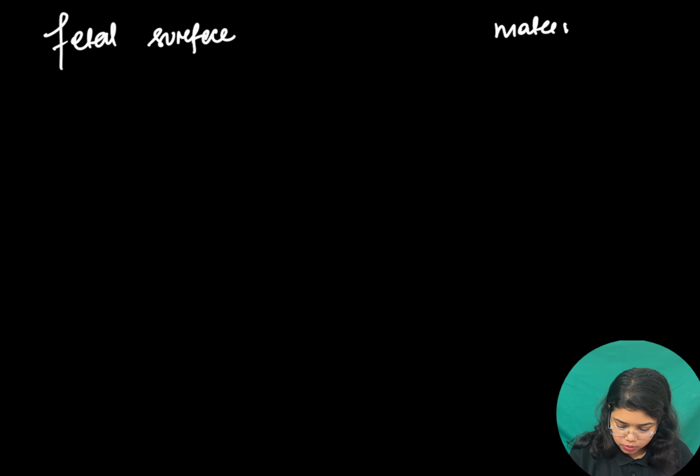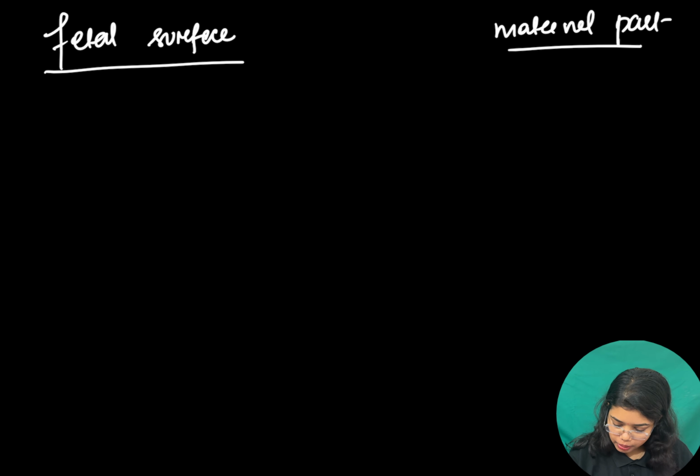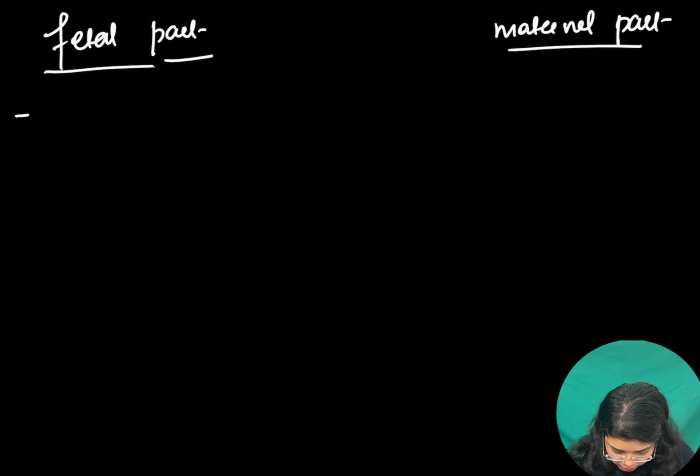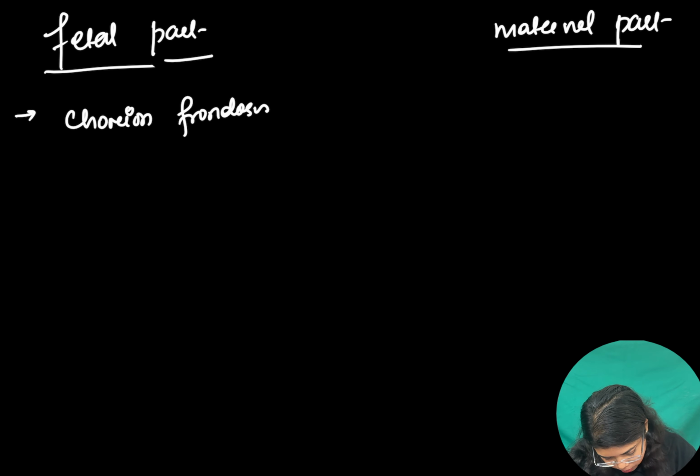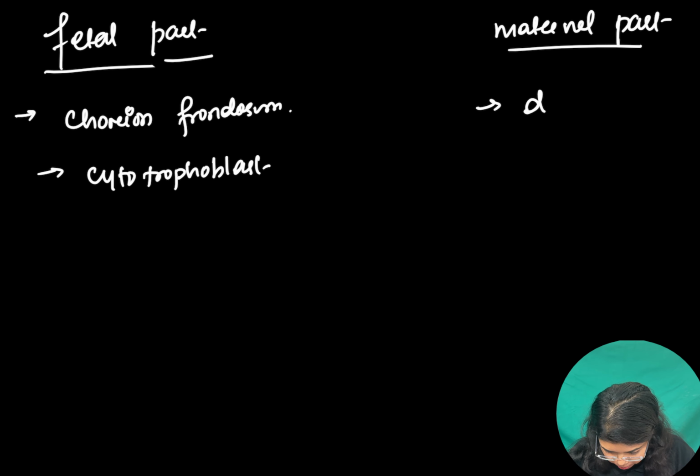The fetal part is formed by chorion frondosum and cytotrophoblast, but the maternal part is formed by decidua basalis. Got it?